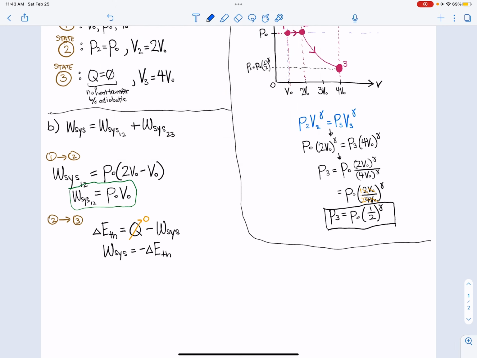again, this is a side mission, but the change in thermal energy is always equal to the number of moles, N, times the molar heat capacity for constant volume, CV, times the change in temperature, okay?